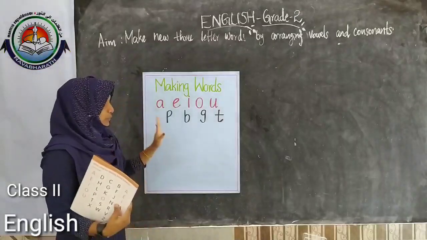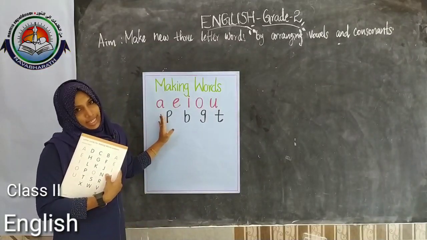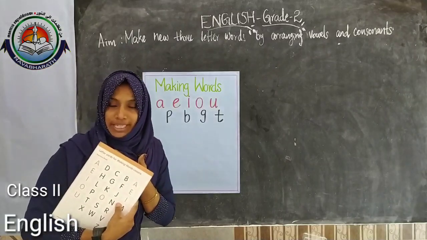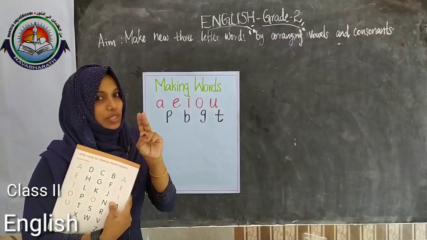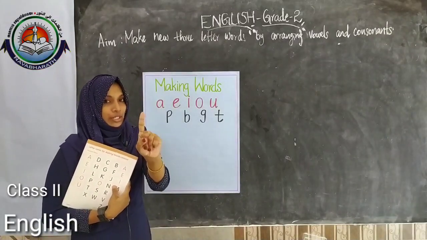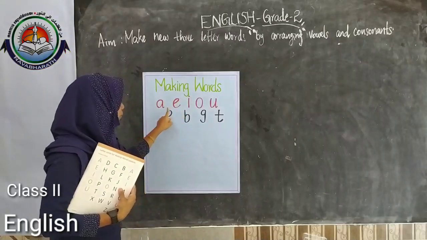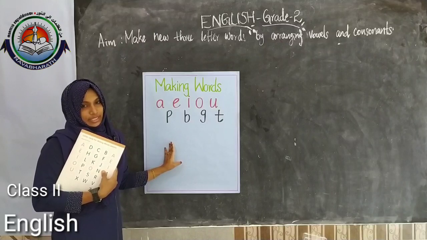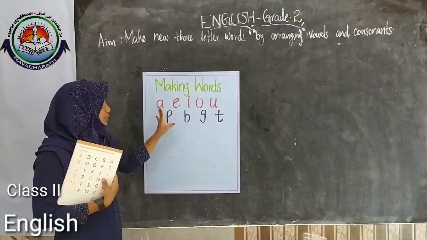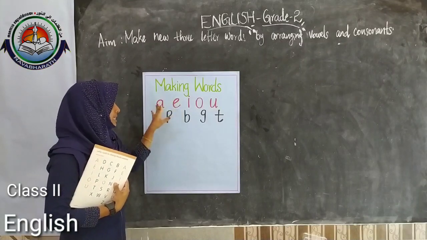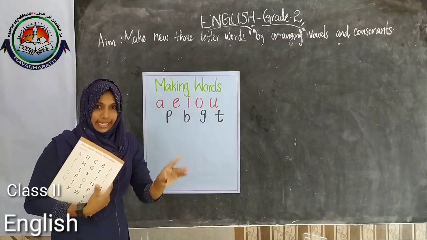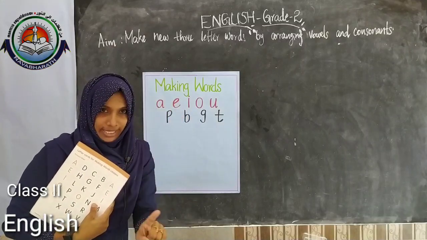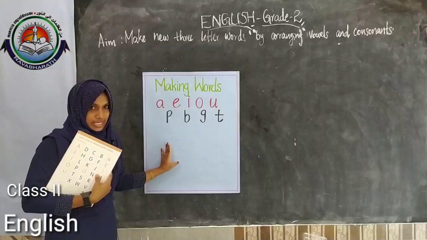There are some rules in the game that you have to keep in your mind while playing. Rule number 1: you should use at least one red card in each word while making new words.